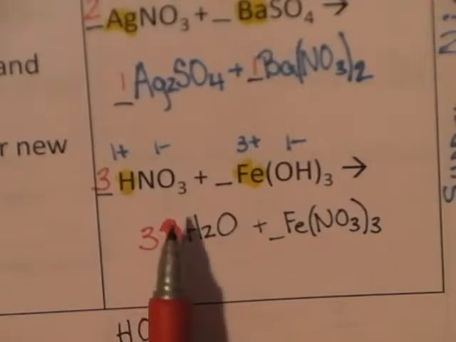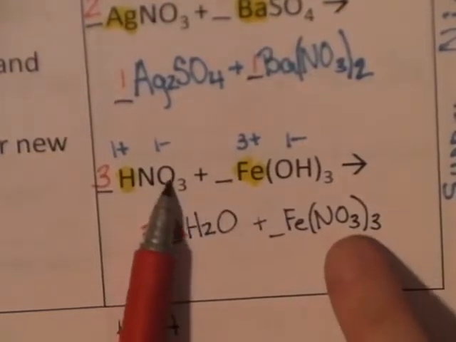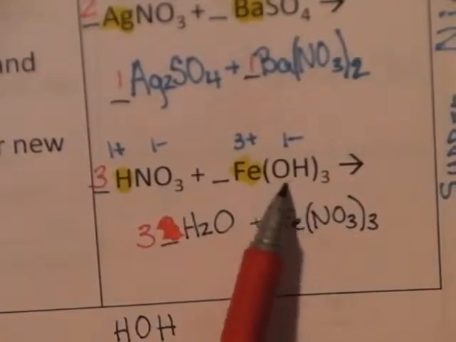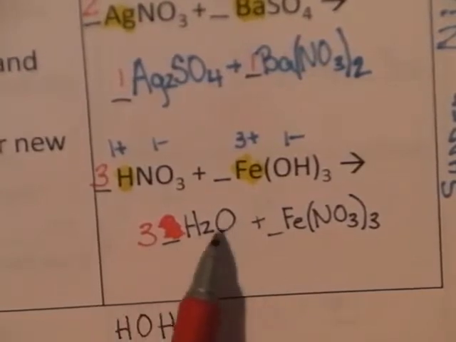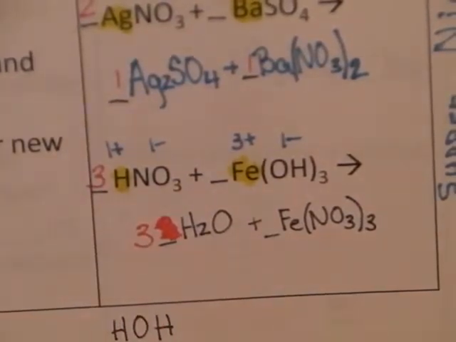And then check your oxygens. Remember, we already did the NO3s. Don't count those oxygens. We just want to count these oxygens. So 3 oxygens here and 3 there. So we're good. That's a valuable lesson as to why you save hydrogen and oxygen for the end, because it fixed itself overall. But you don't want to try to do them first.